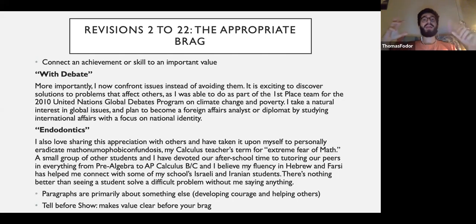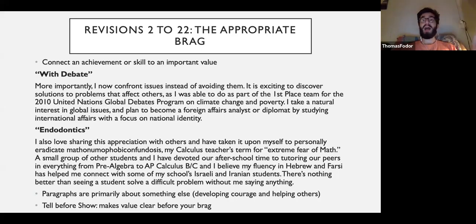When you're conveying an achievement, it is often better to tell and then show, which is that you make your values clear before you make your brag, before you convey your achievement. Make clear why this is important, because if you start with your achievement, it can seem as if you're just tooting your own horn, like, oh, look at this great thing that I did.